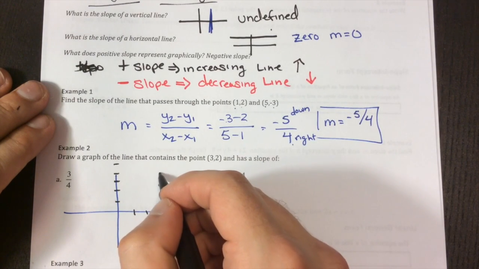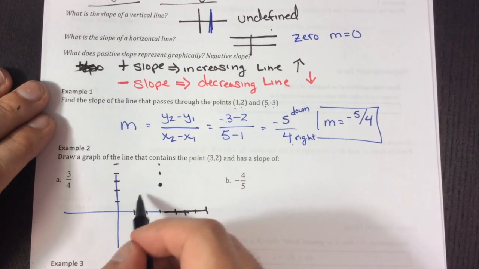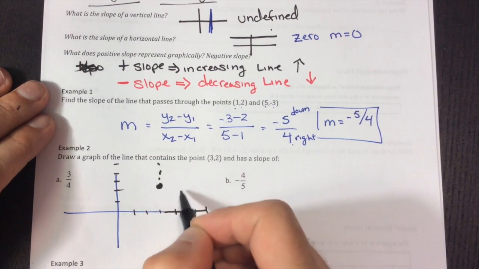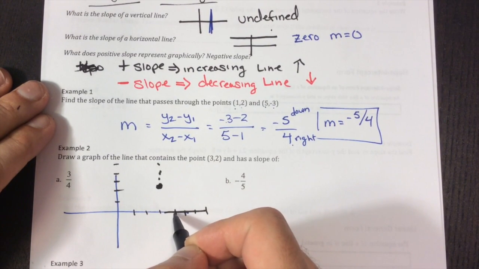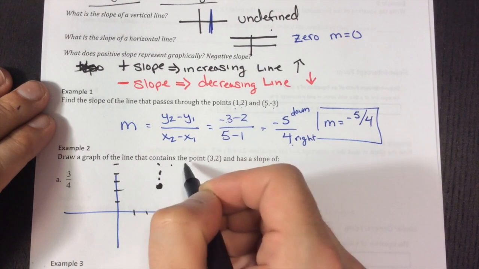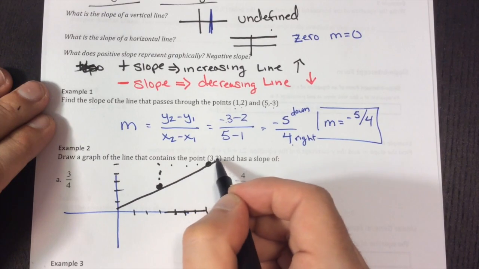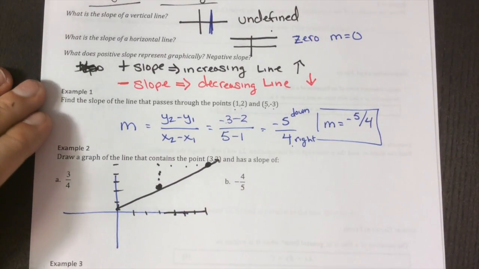So if I go up 1, 2, 3, and then I'm going to go run 4. 1, 2, 3, 4. So I'm going to put my new point and draw my line that connects those two.